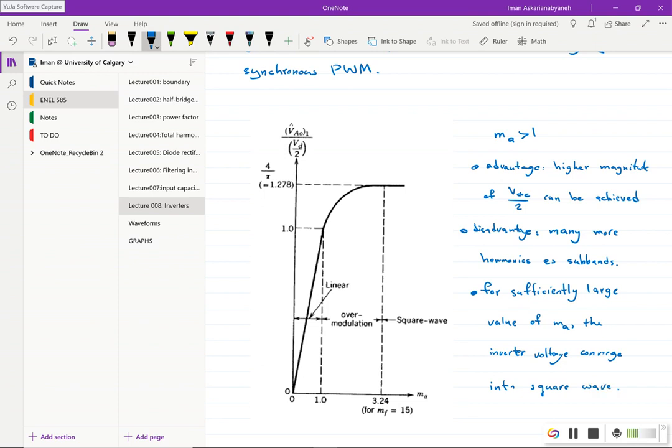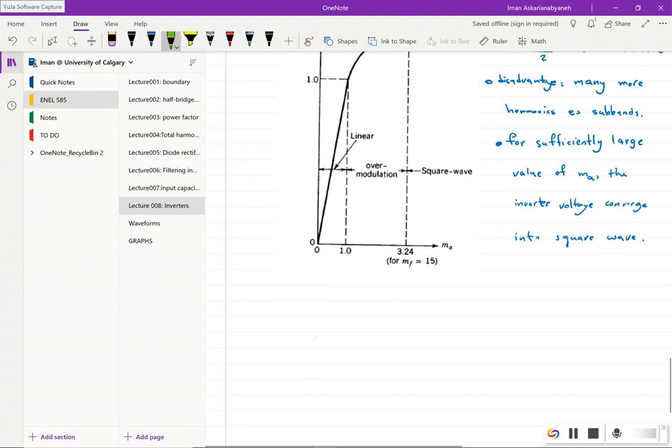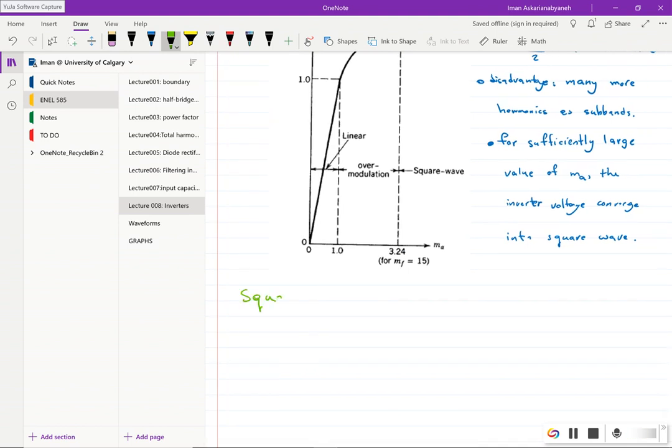So now let's look at the square wave. This is basically another modulation technique, a square wave modulation technique that we can use, but from what we explained right before, we now know that it's just one specific condition in a pulse width modulation technique that creates our square wave modulation technique. The good thing about this technique is that it's very simple.